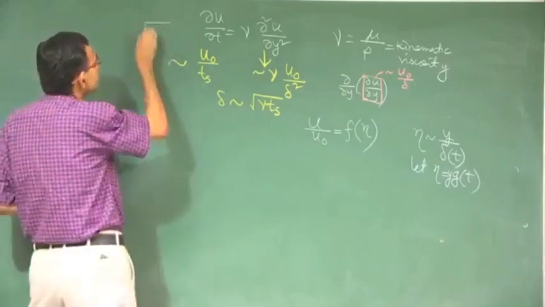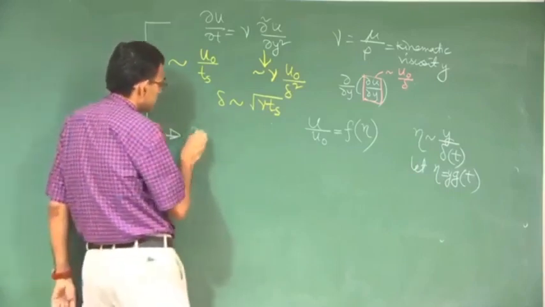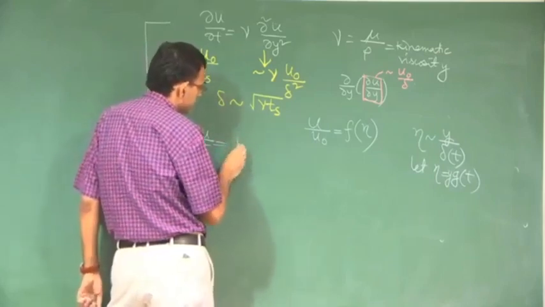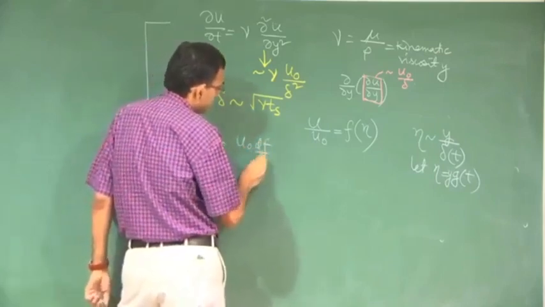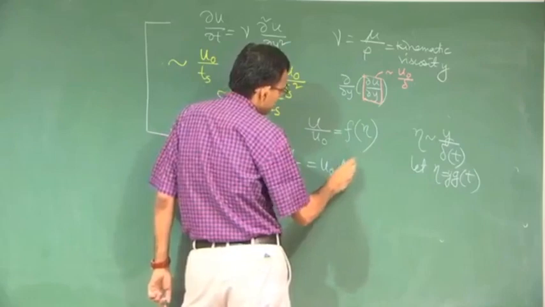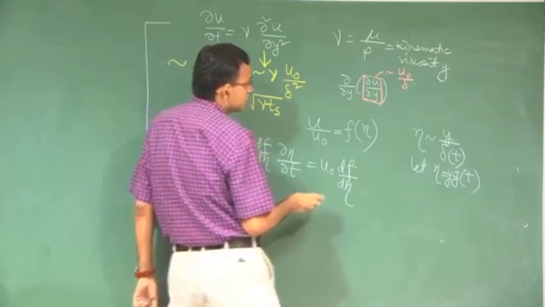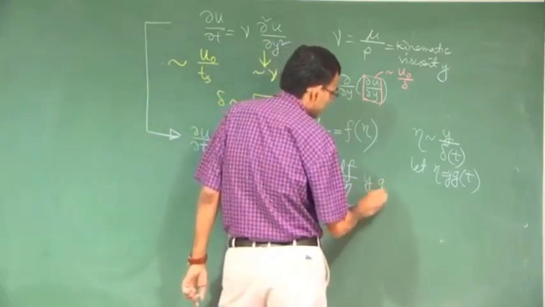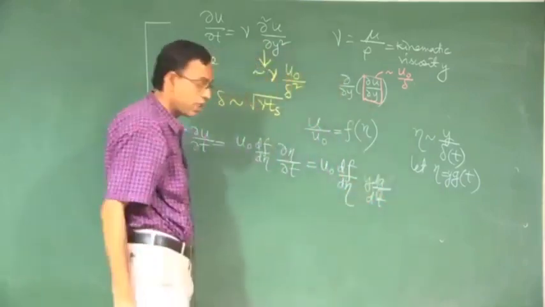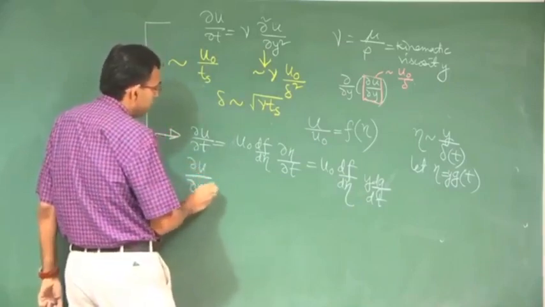So, now let us consider this equation, dg dt, okay. Then I am just writing all the terms in the governing equation.